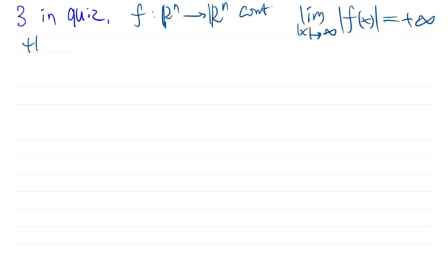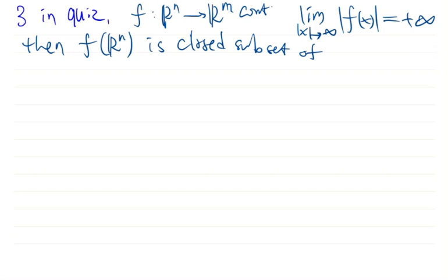Then you are required to prove that the range of f, the image of f, is a closed subset of the codomain R^m. So we are required to study this set and demonstrate that it is closed. So you need to know what a closed set means.